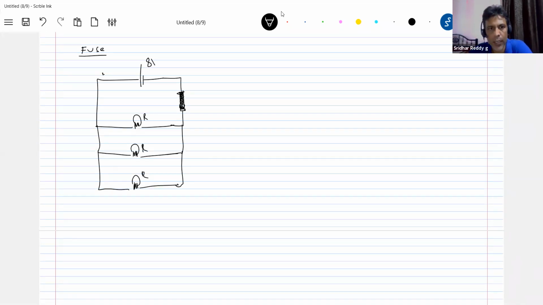Let this be 8 volt. All bulbs are identical, and the resistance of them be 25 ohm.